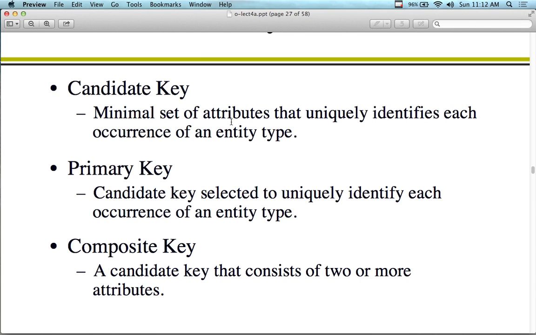So a candidate might be social security number, might be visa number, might be student ID, might be something else given to the student. The primary is the one we pick. So if we say student ID or visa ID or social security number, we're saying that that's a candidate. That's a candidate, but it's also primary. It's the one we identify to use as a primary. You don't want to have more than one primary, long story short.